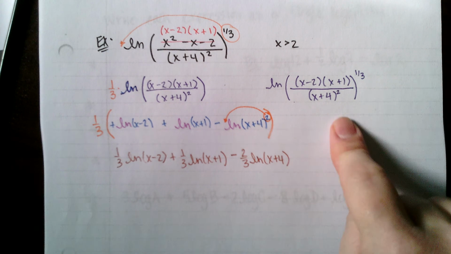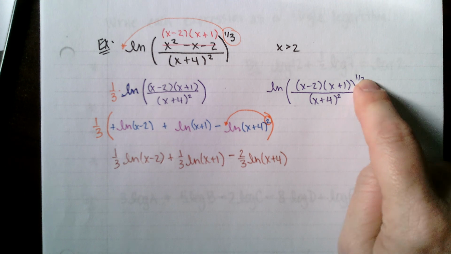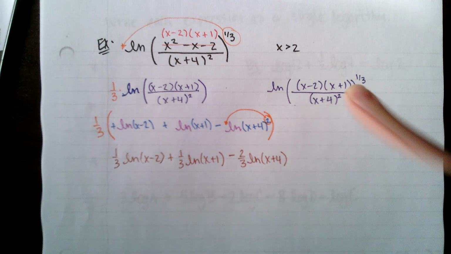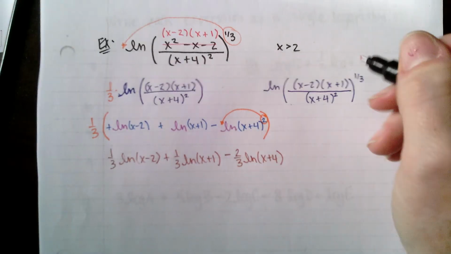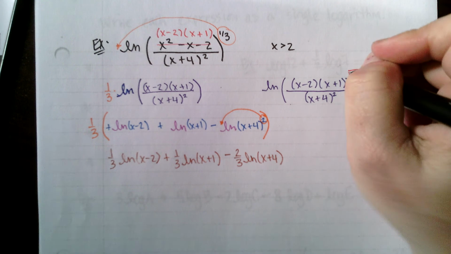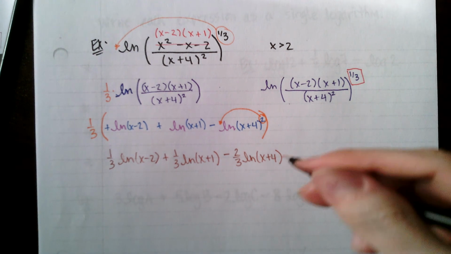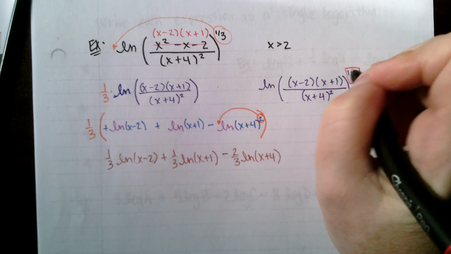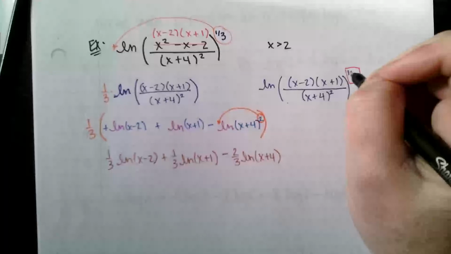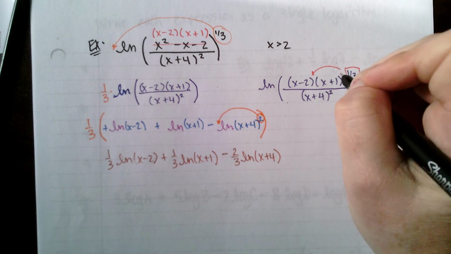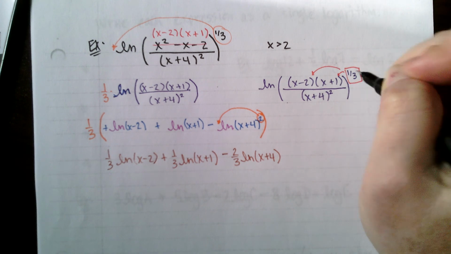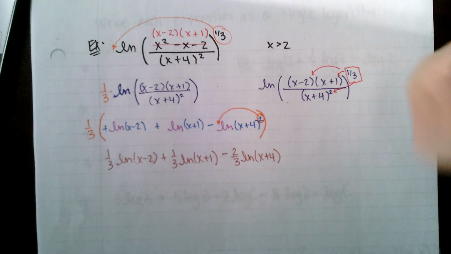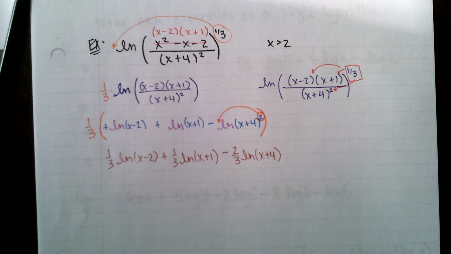Now in my alternate method, instead of bringing that 1/3 down in front and distributing it, I am going to take this 1/3 and apply it to each factor. So I am going to make this x minus 2. I'm going to raise that to the 1/3. I'm going to make x plus 1 up to the 1/3 and x plus 4 squared to the 1/3.